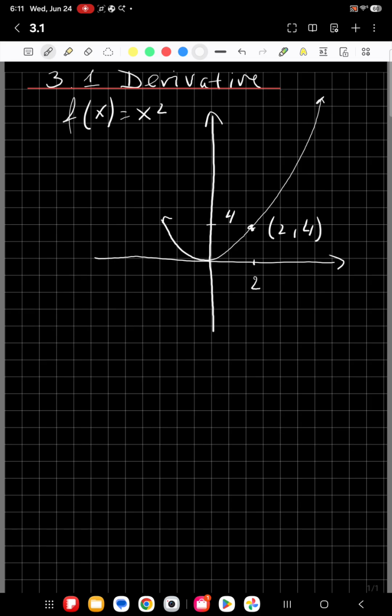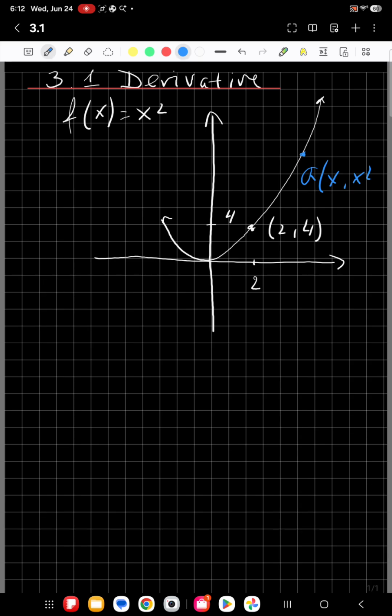And the way we were doing it is we pick some random, arbitrary point Q with coordinates x and y, but y in our case is just x squared.